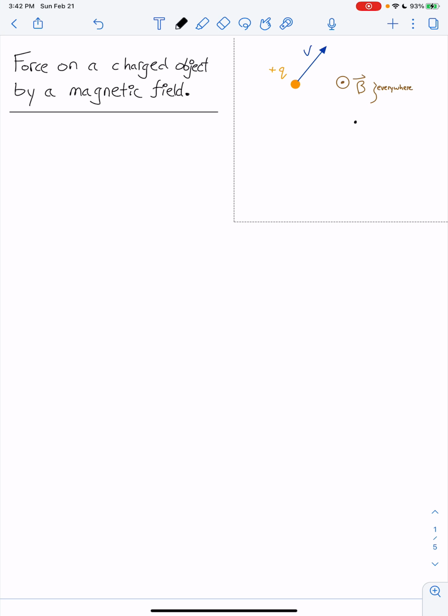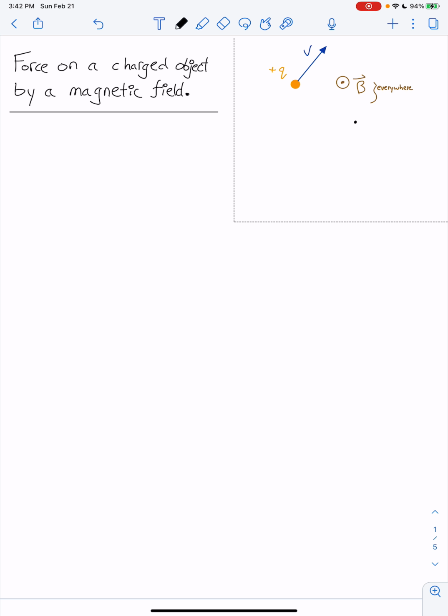So let's talk about the force experienced by a charged object when it's in a magnetic field. In the diagram on the right here, I have drawn plus Q for a positive charge, and it's traveling at some velocity v.